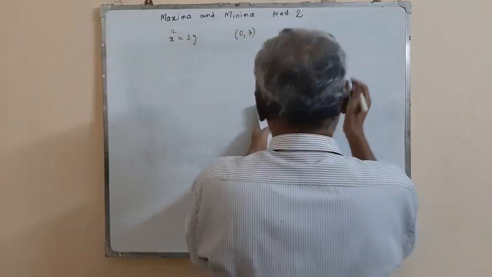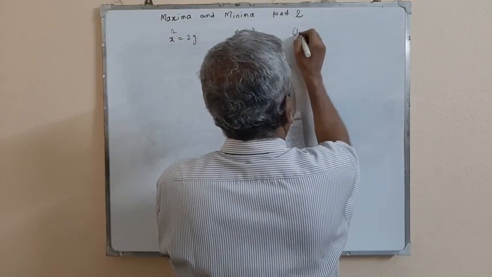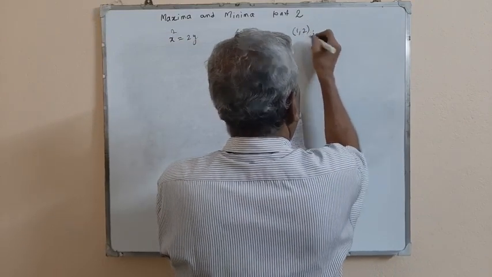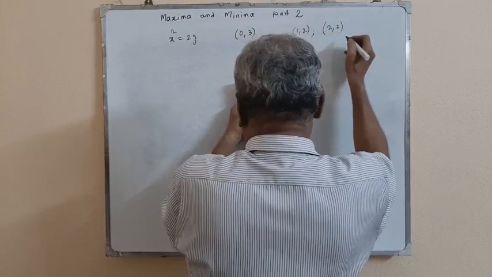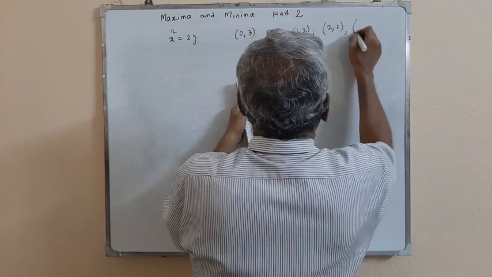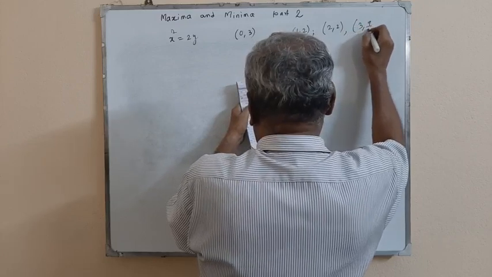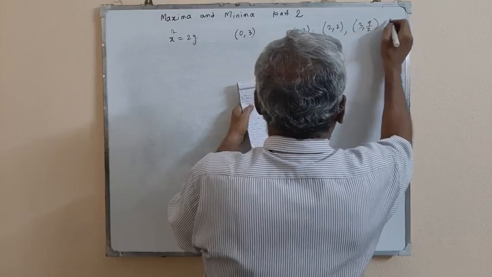Options: the first is 1, 2; the second point is 2, 2; then 3, 9 by 2; and 0, 0.